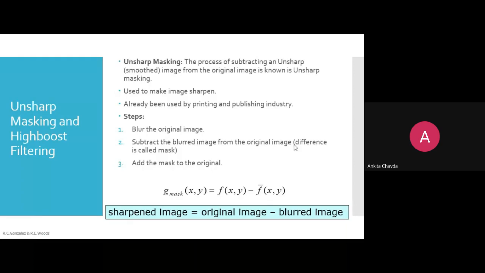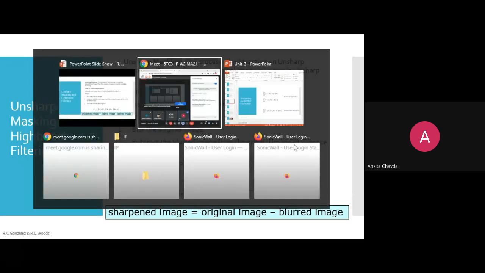Now, unsharp masking and high boost filtering. This is what we have seen. Unsharp, do you remember this? Median and unsharp, both we have seen in our virtual lab. Oh, you guys are not remembering this?